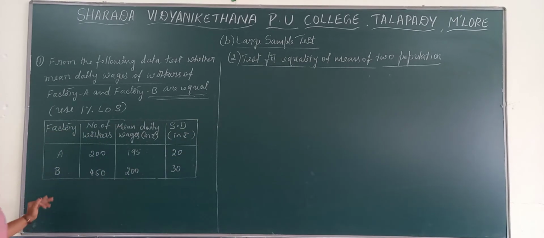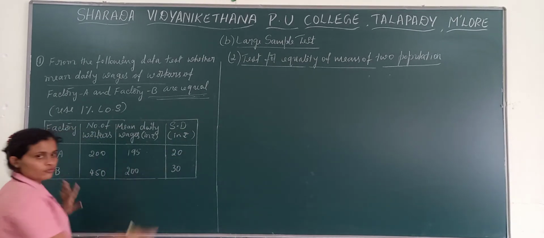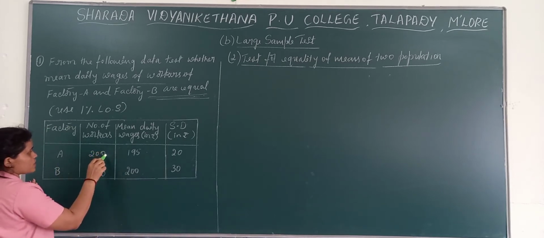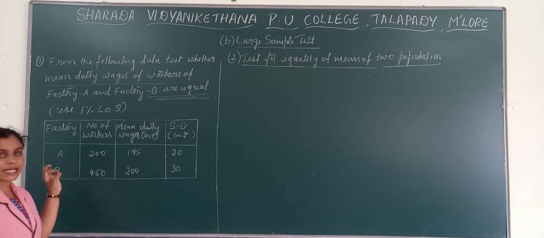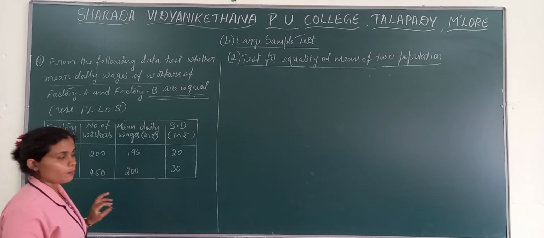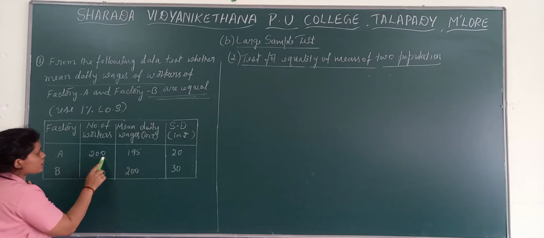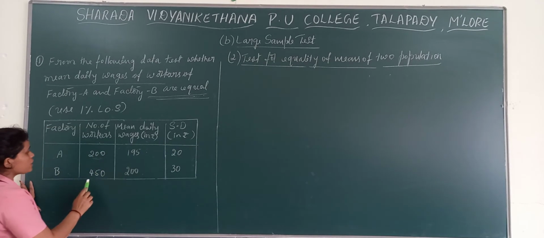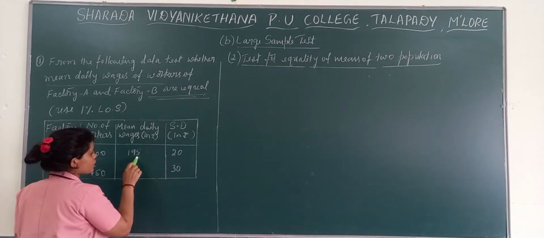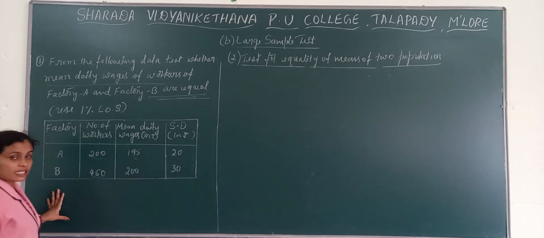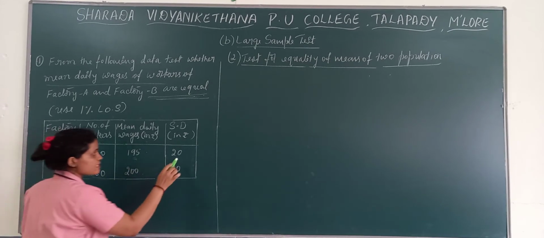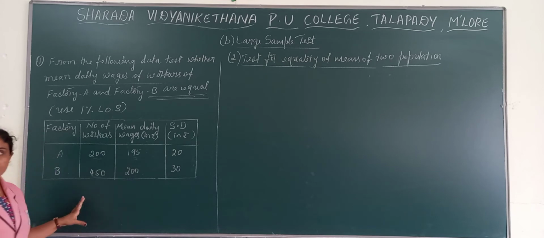When you get the problem in the form of a table, factory A and B, the number of workers are nothing but the size of the sample chosen from that particular population. From factory A they have taken 200 and from factory B 450. The mean daily wages are 195 and 200, and standard deviation 20 and 30.